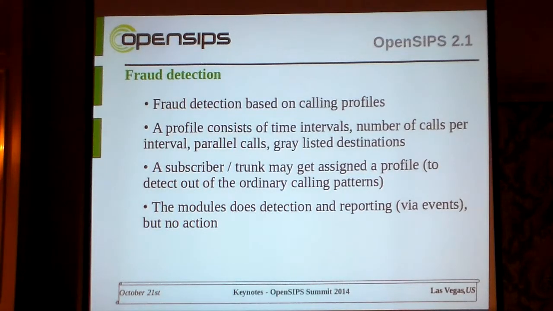You have a company and you say, usually they do 2 or 3 calls per second overall, and you see a spike of 10 or 20 calls per second, then that's maybe an alarm, and it fits into this fraud detection, that maybe someone hijacked the company account and is pushing calls.